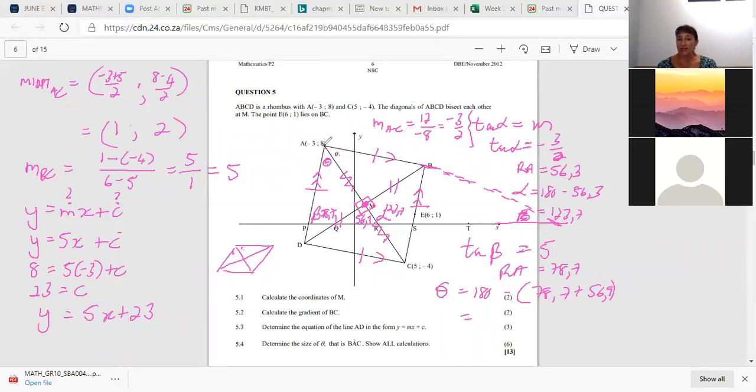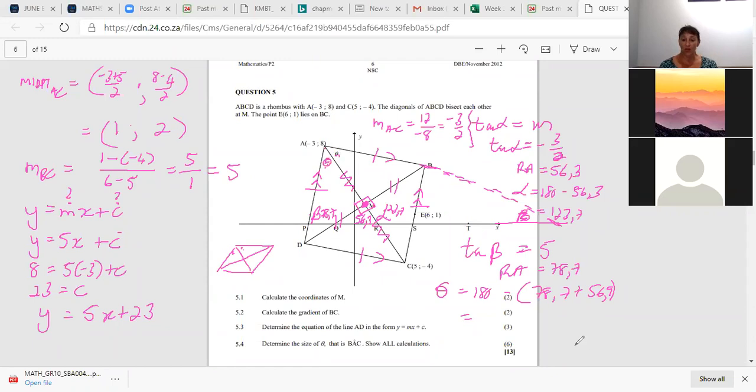The two sides that form the angle, those are the ones you use. But in this case, we couldn't find that gradient. So we had to look at an alternative. And that was to realize that if that is theta, that is also theta. And then we can use that triangle because we have the gradients of the two lines on either side of that angle. Right, which is the same.